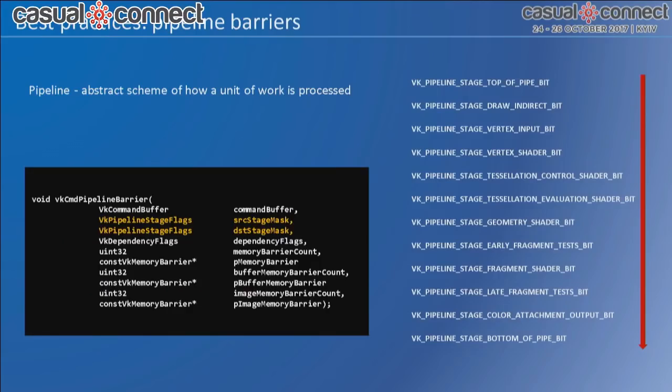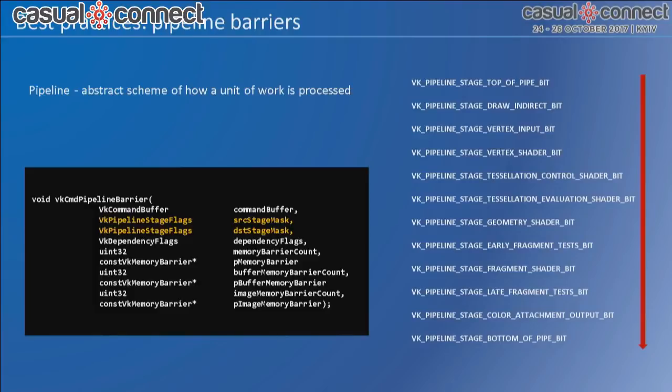The other important thing is pipeline management in Vulkan. As you may know, a pipeline is an abstract scheme of how a unit of work is processed, and it consists of a few logical stages. You can see them from top to bottom. And a pipeline barrier is like a memory dependency between some stages.